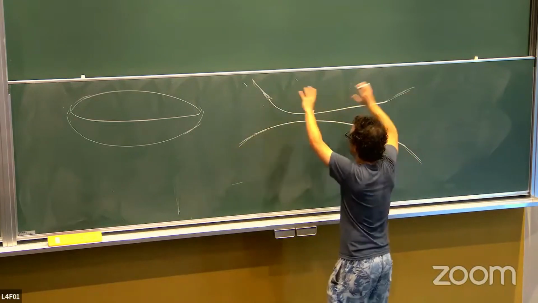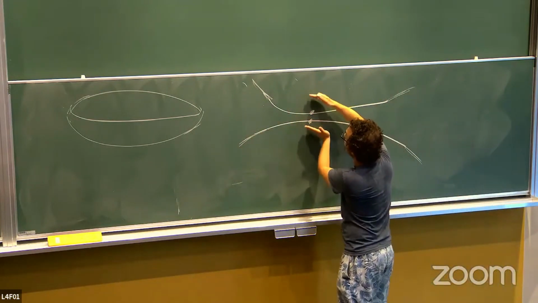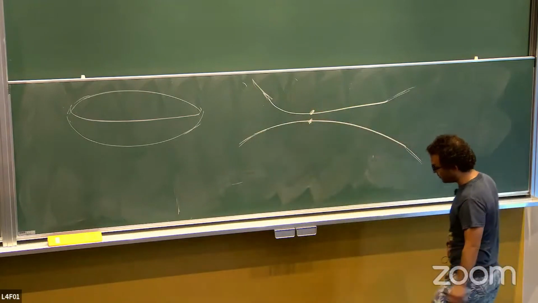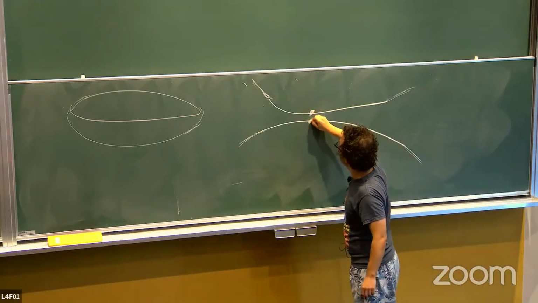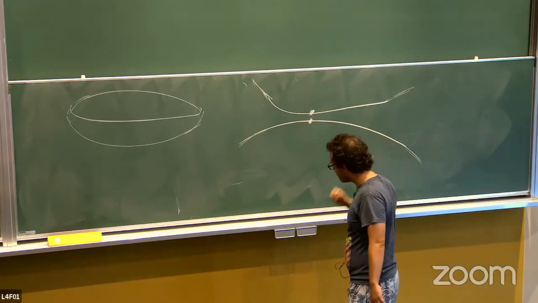So we don't need an infrared regulating box. But if they come very close together, then for each spin separately we will have the same divergence as in the Minkowski case.